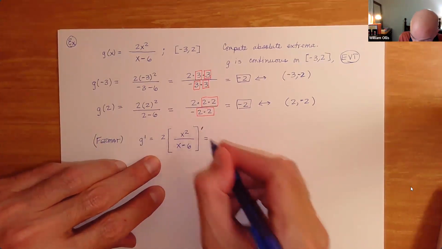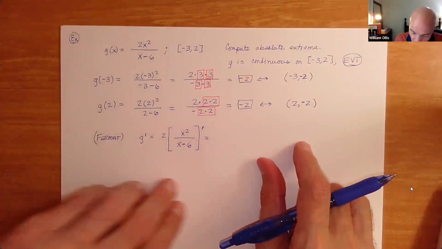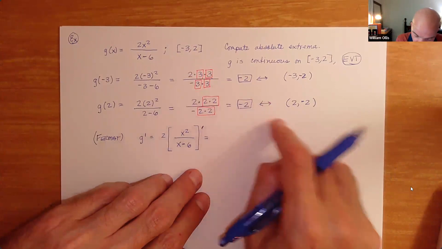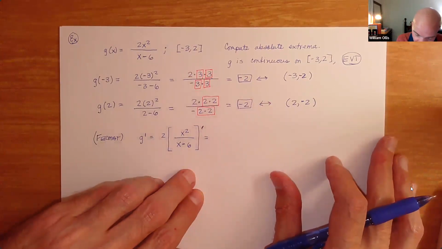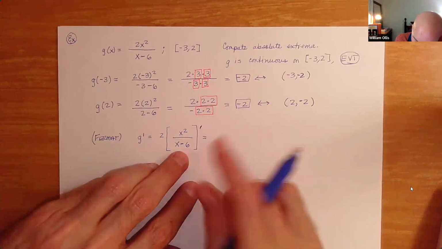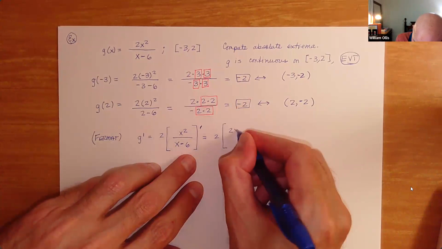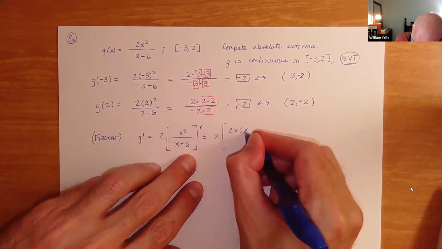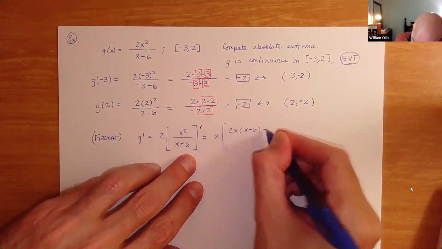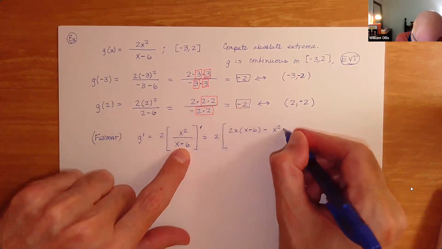They tell us how to factor so we can get easy results. And if we abide by the results, we're in good shape. Again, very straightforward. So now by the quotient rule, we'll get 2x times x minus 6 minus x squared. And of course, the derivative of the denominator is 1.